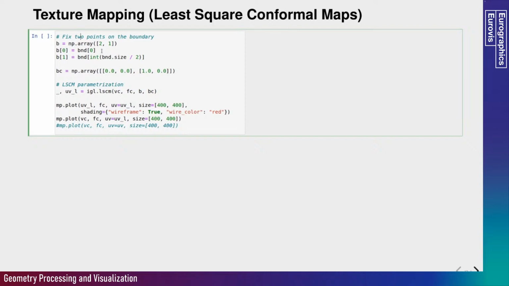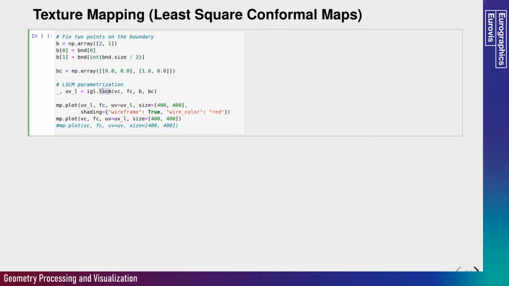So instead of fixing the full boundary, we just need to fix 2 vertices, and in this case we fix vertices on opposite sides of the boundary, which are, for example, vertex 0 and a vertex in the middle of our boundary area. For these 2 vertices we choose 2 fixed positions, which are the position 0, 0, as well as the position 1, 0.